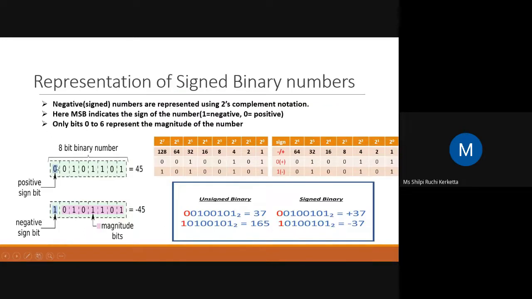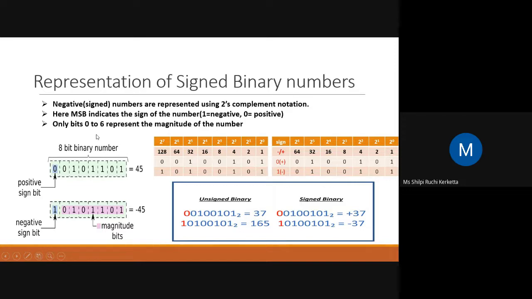In the book it is written that negative signed numbers are represented using 2's complement notation. Only this part is mentioned in your book.